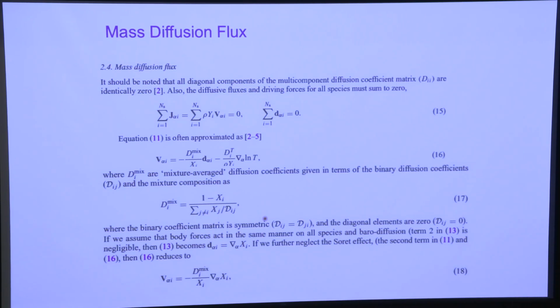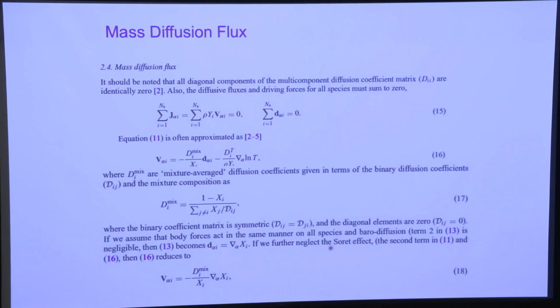And then if we assume the species diffusion velocities take on a Fickian form, or mixture average diffusion coefficients, we can write them in terms of the binary diffusion coefficients, D_ij, and the mixture composition is given here. And so this would be the mixture averaged diffusion coefficients. The binary coefficient matrix here, D_ij is equal to D_ji, it's symmetric, and the diagonal terms then vanish.